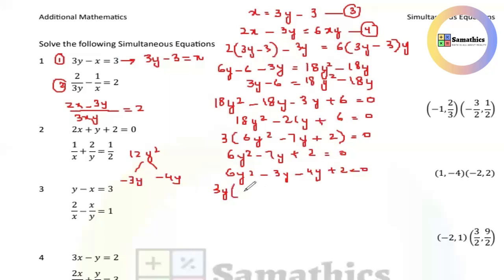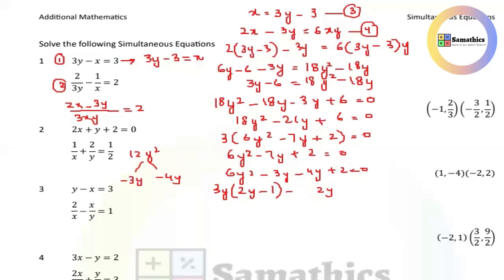3y and then 2y minus 1, and here plus 2 is to be taken as common, minus 2y is to be taken as common, because we have a minus sign and we have to make sure that the bracket is coming the same. So minus 2y is taken as common, and here 2 is to be taken as common.